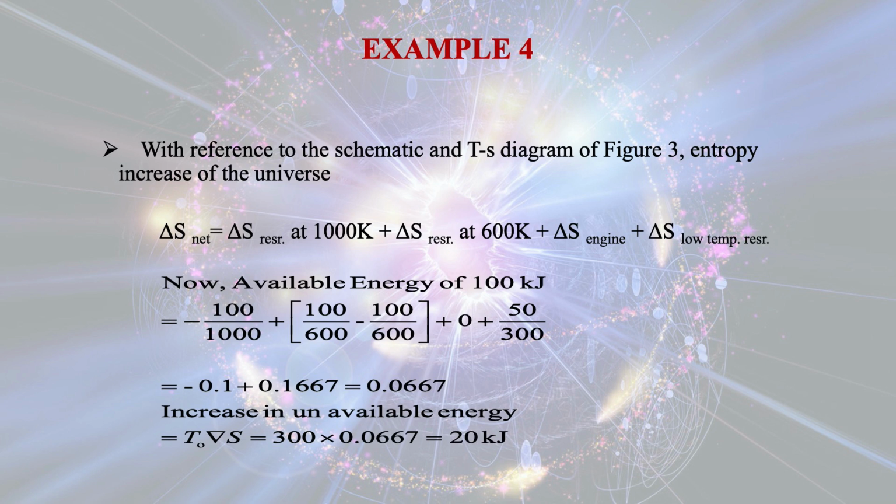So if you calculate, you will get the net change in entropy equal to 0.0667. Now the increase in unavailable energy is equal to T naught into del S, that is equal to 300 into the change in entropy. So it comes out to be 20 kilojoule. So you can also otherwise calculate the change in unavailable energy with this formula.